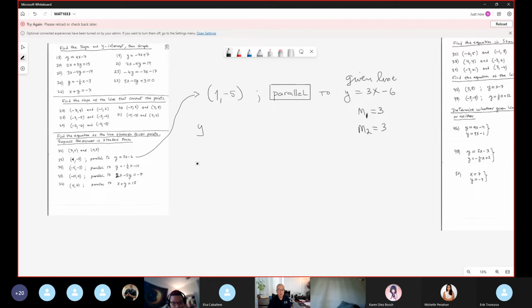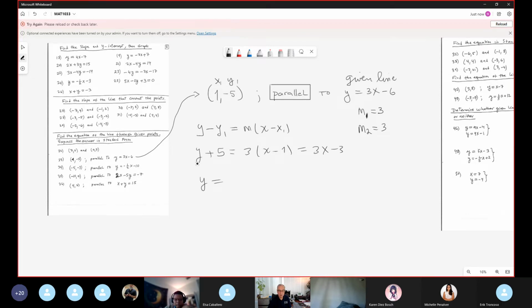Now we're using the formula y minus y1 is equal to slope times x minus x1. This is x1 and this is y1. y is a variable, y1 is numerical, it is negative 5. Double negative becomes positive. y plus 5 equals 3 times parentheses x minus 1. Distribute the property: 3x minus 3.